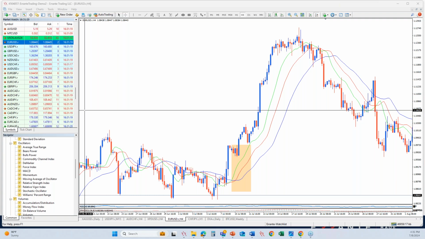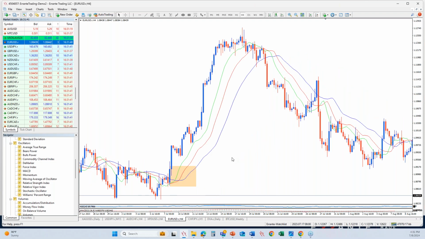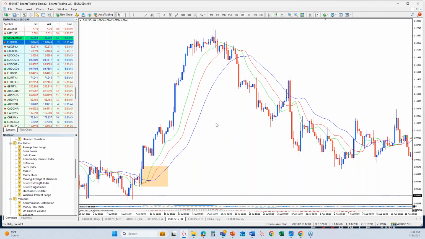So you see, angulation is observed by looking at how sharply the alligator's lines are diverging from each other. A steep angle like this, the steep angle of divergence, suggests a strong trend, while a shallow angle of convergence indicates a weaker trend or consolidation somehow.